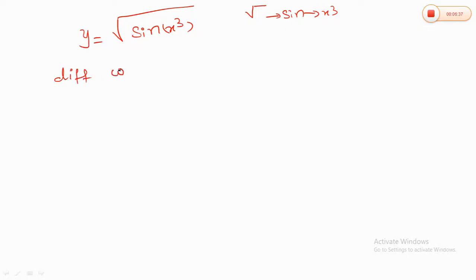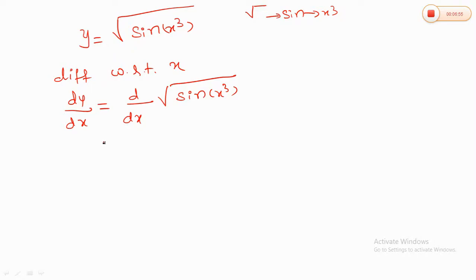Differentiate with respect to x. dy upon dx equal to d by dx of root of sine of x cube. So this equals the derivative of root, which is 1 upon 2 root. Write the remaining term, sine x cube.